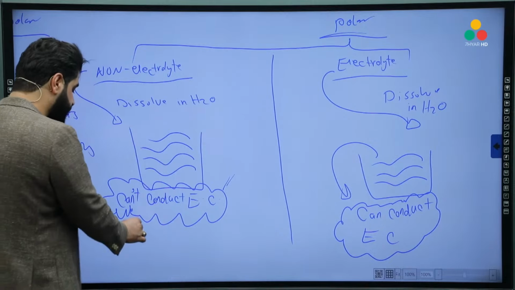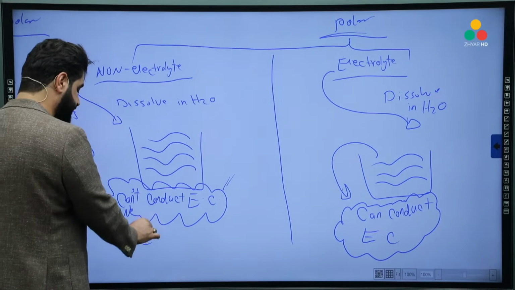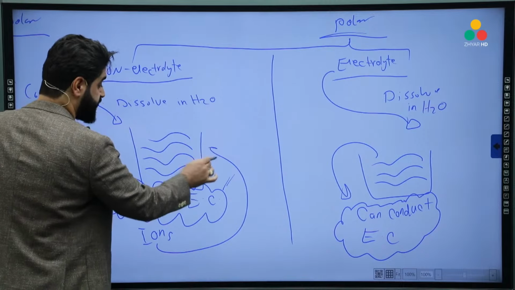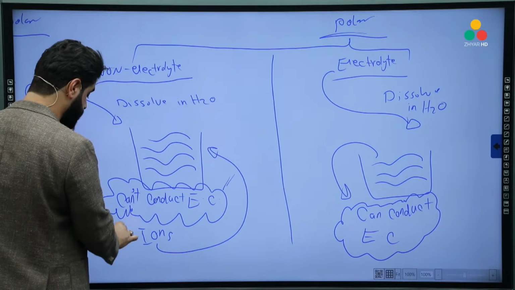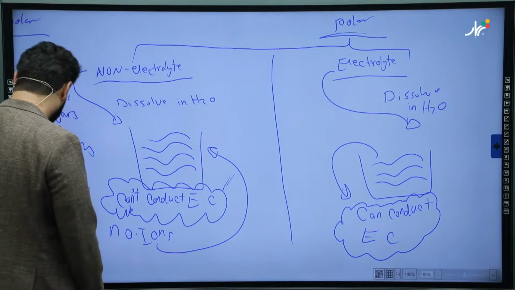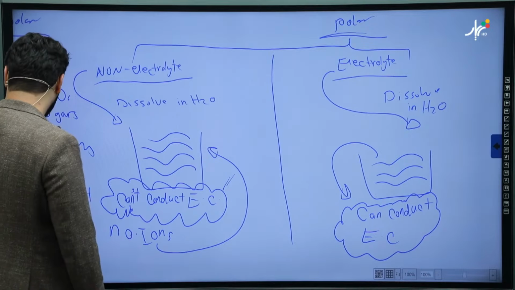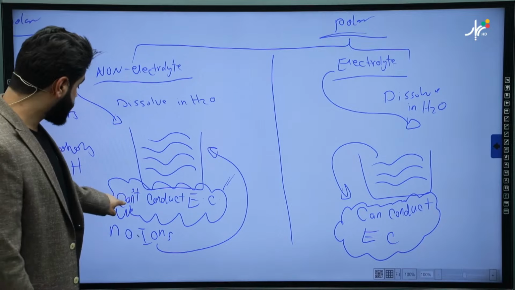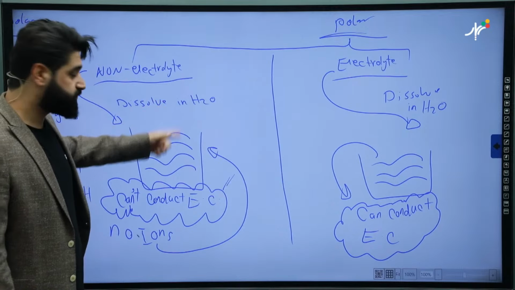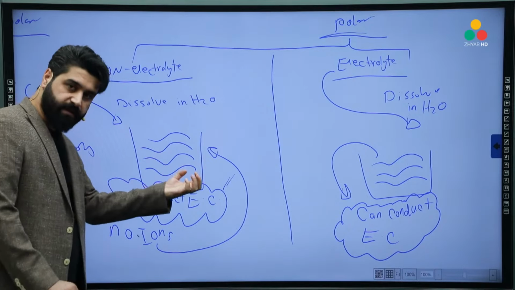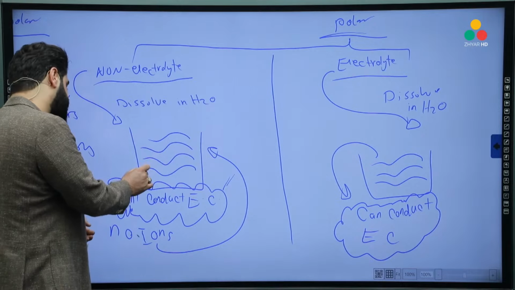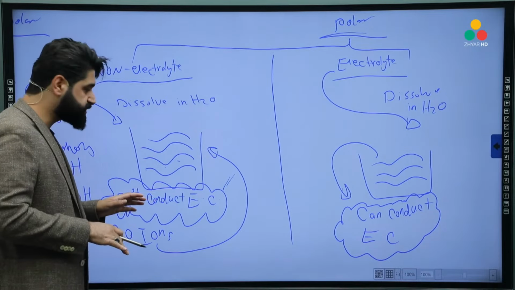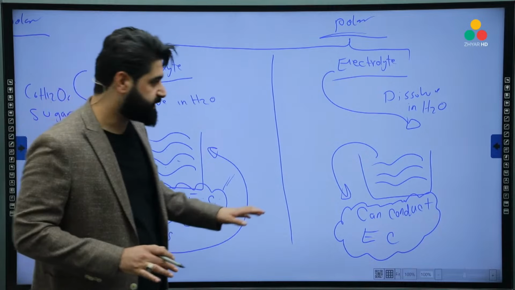Here we don't have any mobile ions in the solution. We have no ions in the aqueous solution of a non-electrolyte. That's why there is nothing to carry electric current from one point to another, so the whole solution becomes a non-conductor.